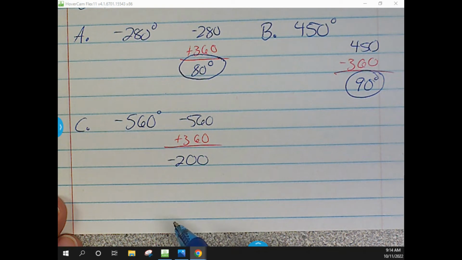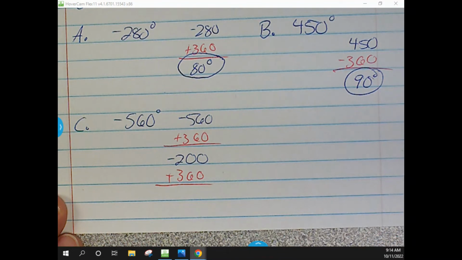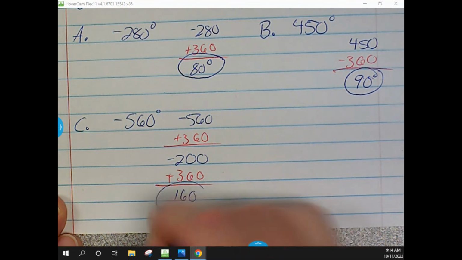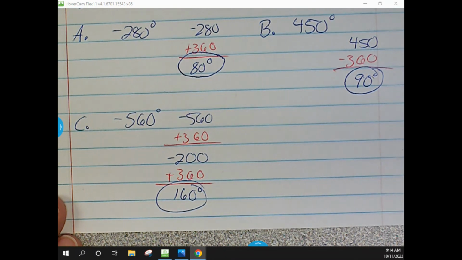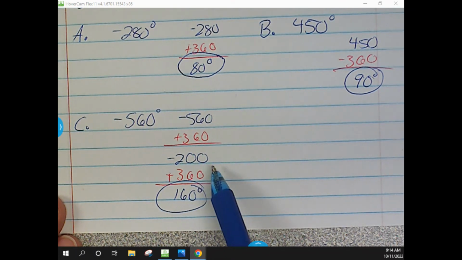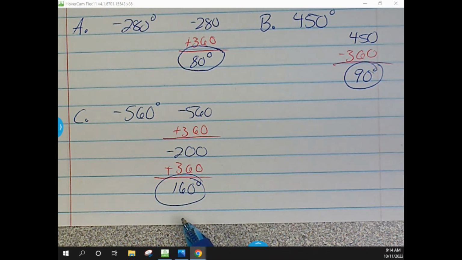So if it's negative 200, what do we do? Still negative, right? So we just add another 360. So just keep adding 360 until eventually you get a number that's between 0 and 360. If you add 360 one time and the number is still too small, just add it again until you get to a number between 0 and 360. Sometimes you might have to add it 3 or 4 times depending on how big or how small that angle may be.